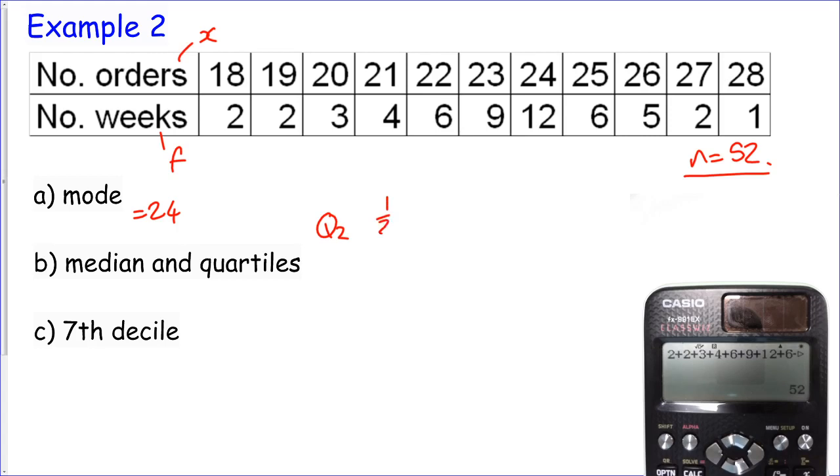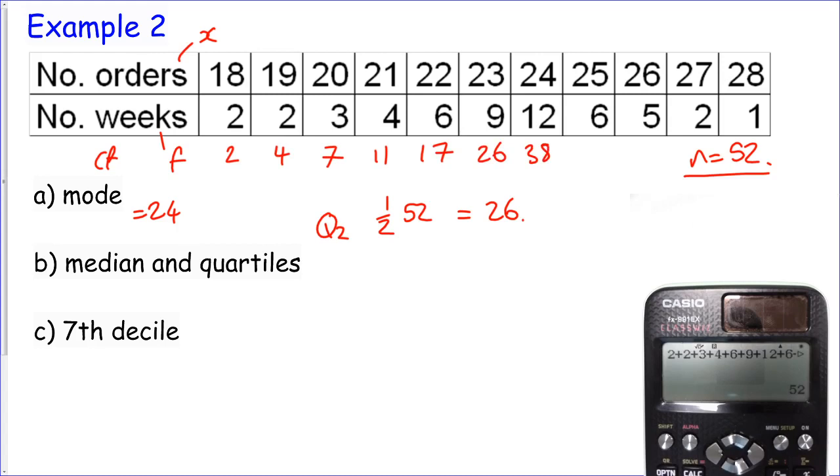We're looking at a half of 52, which comes out to be 26. So looking through thing number 26, the first two things are here. Let's do cumulative frequency. If I put cumulative frequency on, we have 2, 4, 7, 11, 17, 26, and then we've got 38.